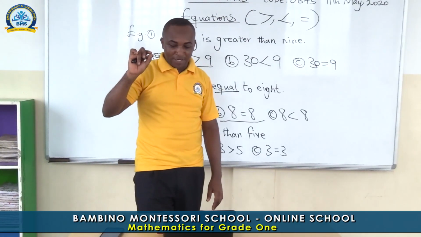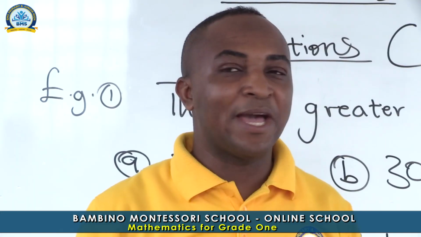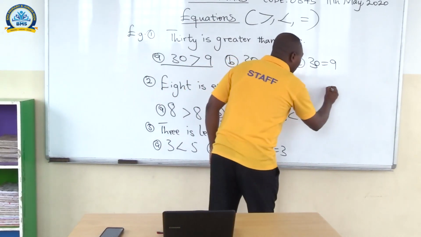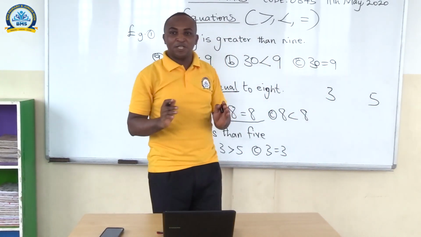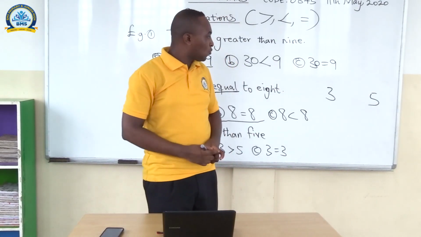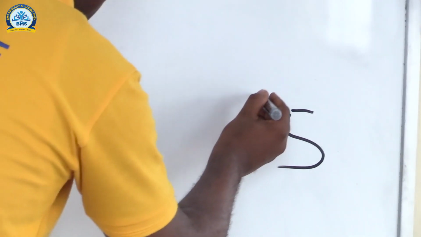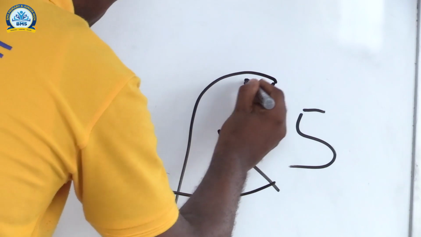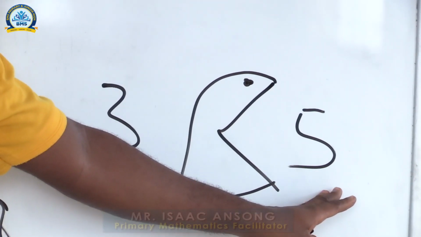And like I've already informed you, always go for the bigger one. If you're a hungry fish looking for food, supposing I've written 3 here and I've written 5 here, and a fish is so hungry, which one will the fish go for? Definitely, the fish will come for this one. Can you see the fish open the mouth widely towards the bigger one?